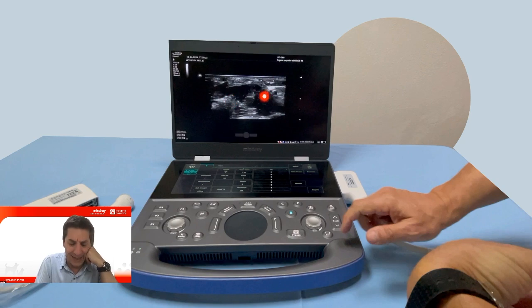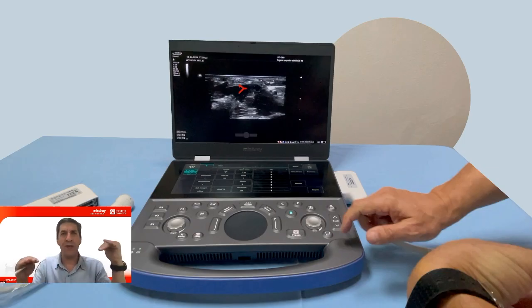So ideally, we need to fit the target in the middle of the screen, just to be aware of the landmarks of the anatomical structures around, and to individualize our target. So gain, to see the tissues; depth, to set our target in the middle.